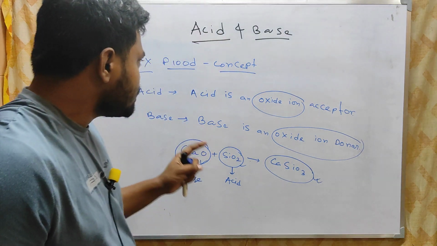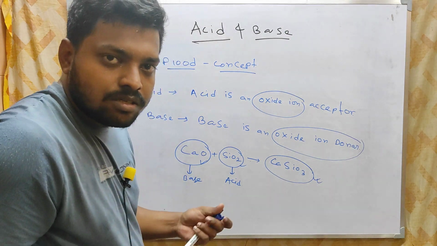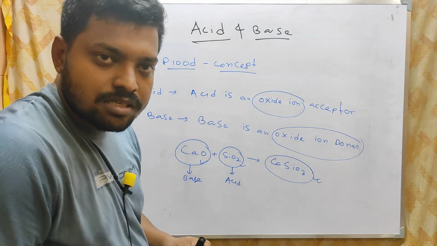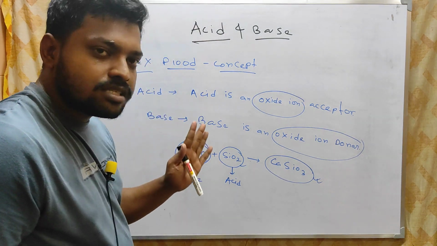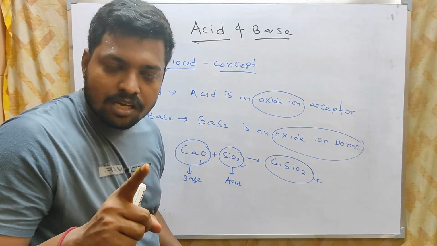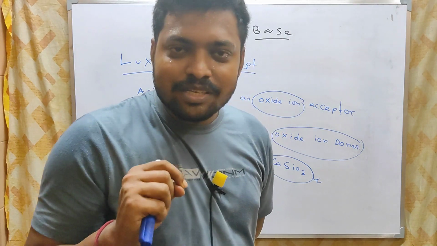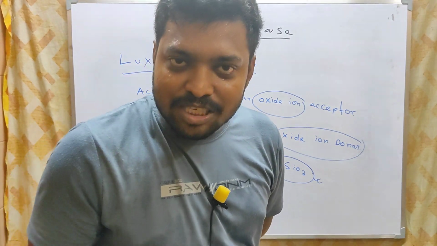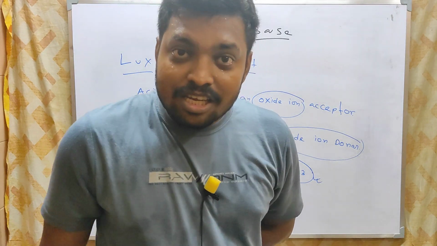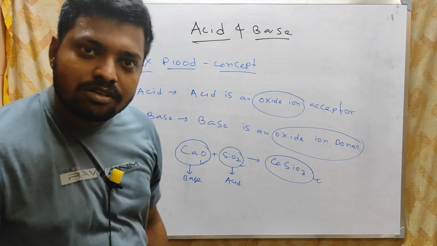What we have discussed till now are 4 concepts. The first is the Arrhenius concept, the second is the Bronsted-Lowry concept, the third is the Lewis concept, and the fourth is the Lux-Flood concept.